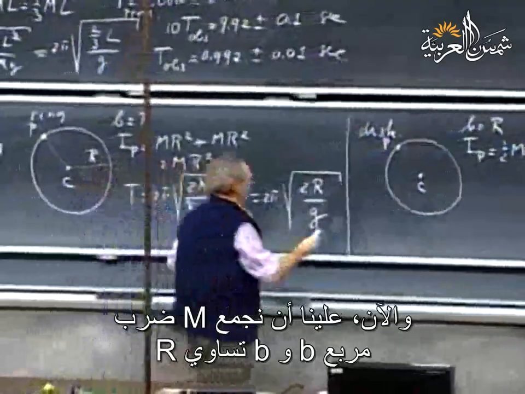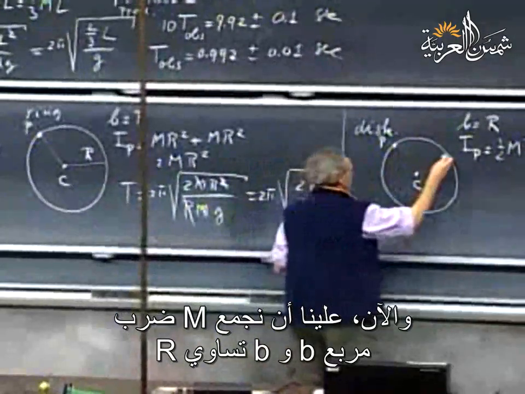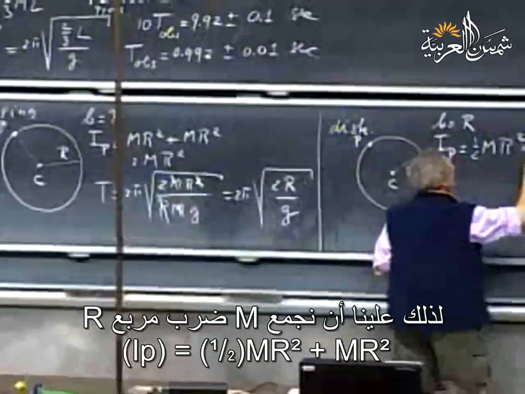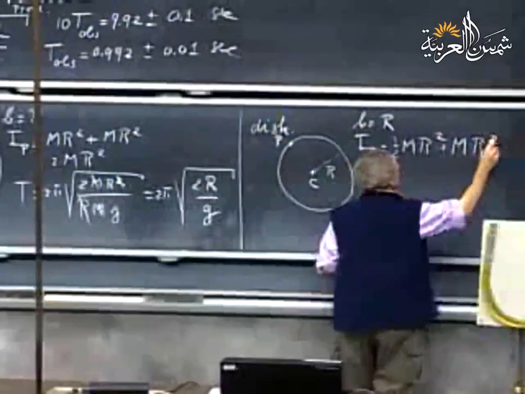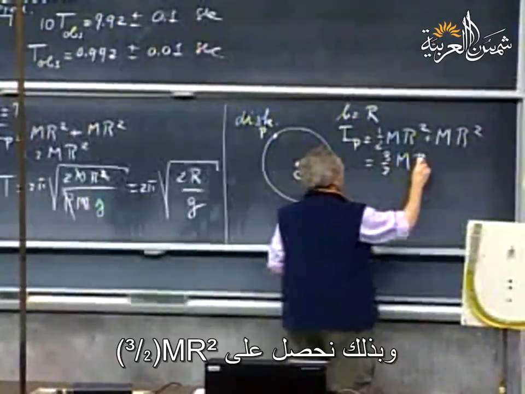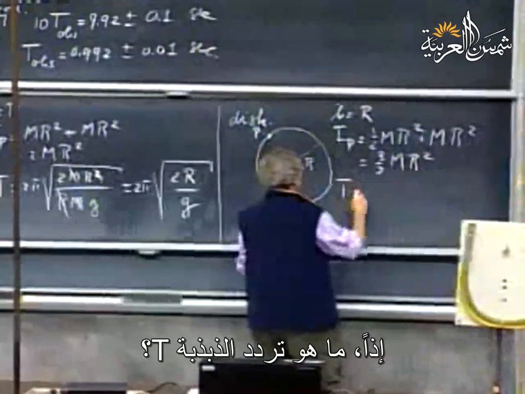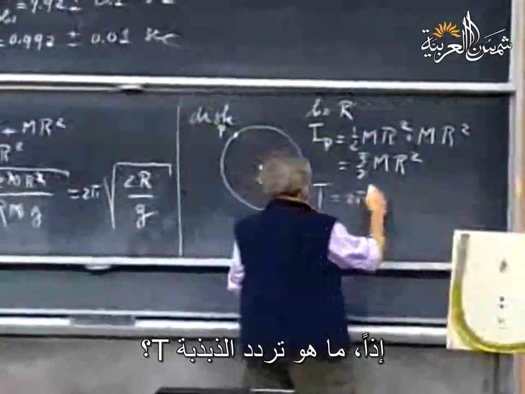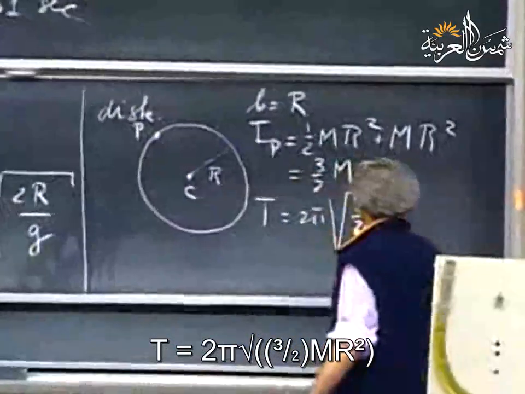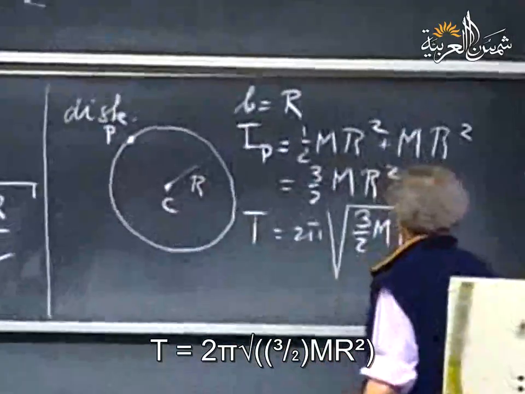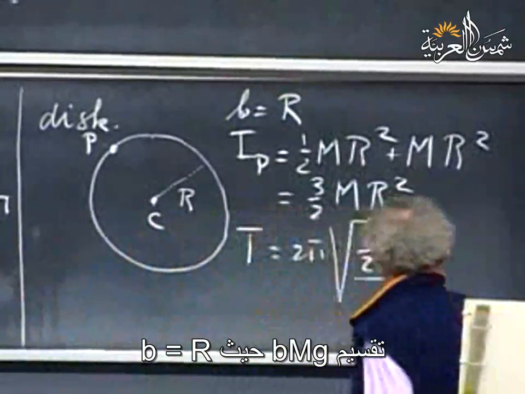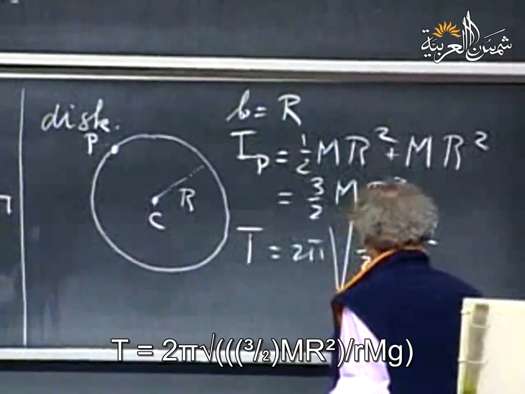And now we have to add mb squared, and b equals r. So we have to add mr squared. So we find 3/2 mr squared. So what is the period of oscillation? 2 pi times the square root of 3/2 mr squared divided by bmg. b is r, mg.